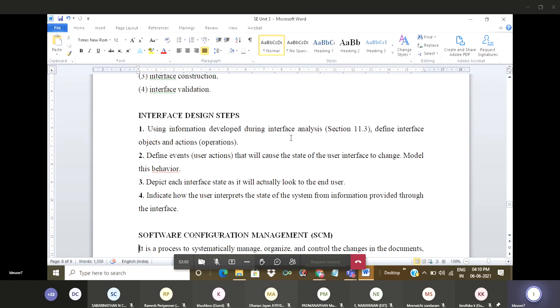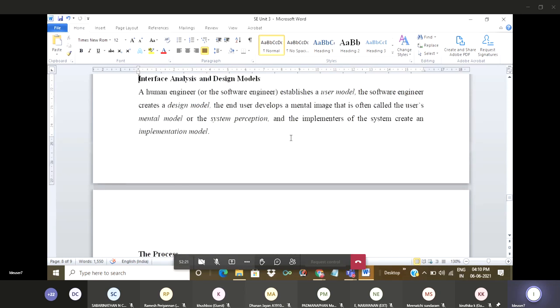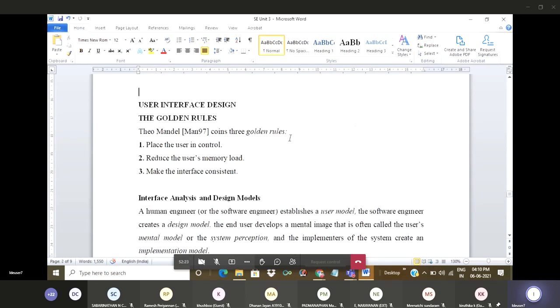Third step is to depict each interface state as it will actually look to the end user. Fourth is to indicate how the user interprets the state of the system from information provided through the interface. So these all come under user interface design.